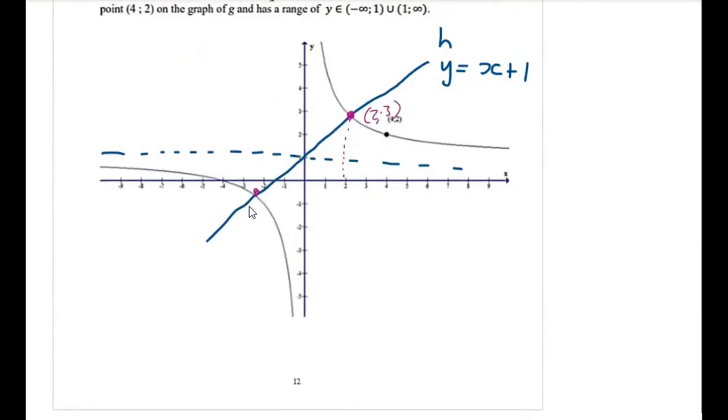And this is not a very well drawn point. It looks like it's going to possibly be -2 and -1. Okay, if you'd used your ruler, -2 and -1.